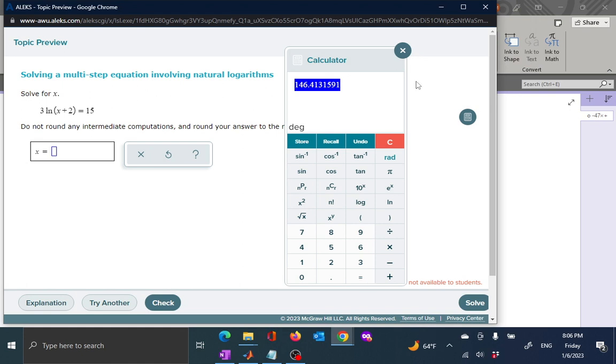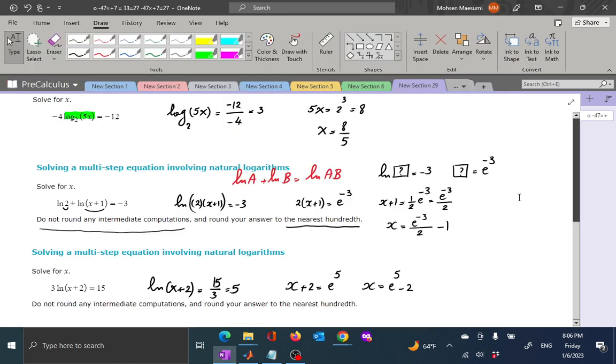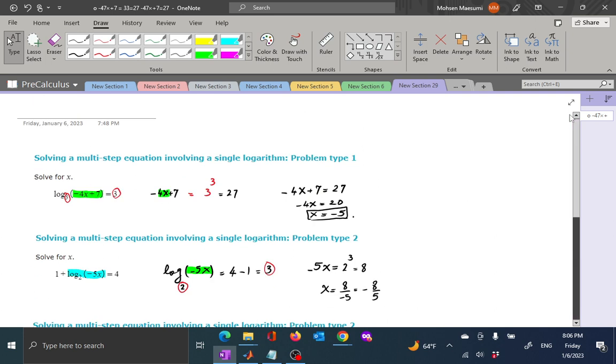Okay, so what did we do today? We solved equations involving logarithm, where x is in the argument of the logarithm. The basic idea was to clean out the exterior of the logarithm.